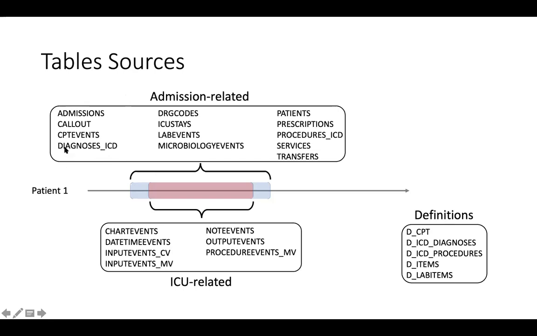Diagnosis is also a hospital level thing because the diagnosis code, like what kind of diseases you had during your stay, is given to you at the time of hospital discharge. So when you're all done with everything in the hospital and you get discharged, you get this diagnosis code. And this code is used for reimbursement.